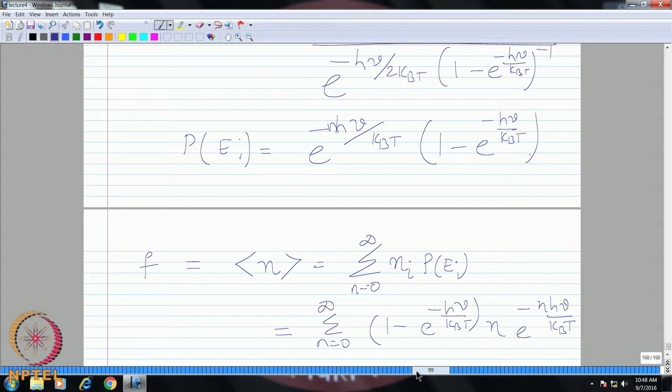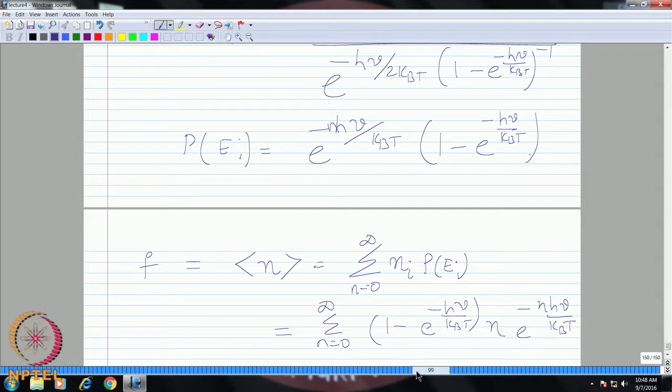I think this now involves a little bit more work, so what we will do now is to again use the Maclaurin's theorem.